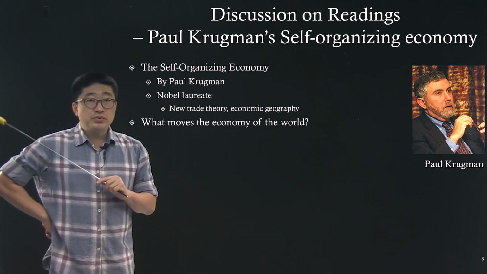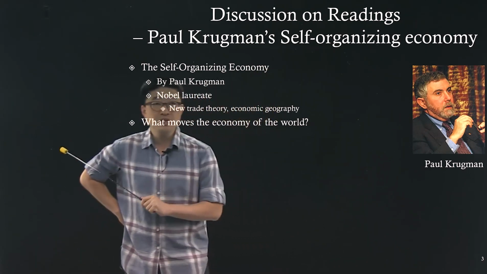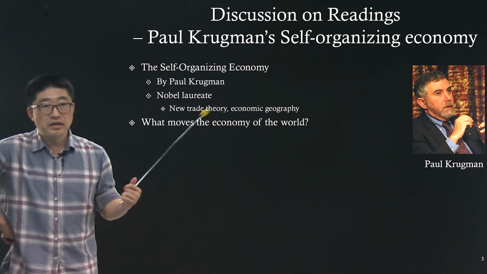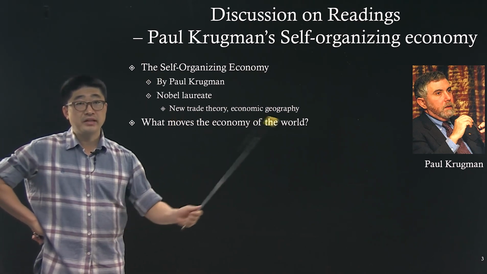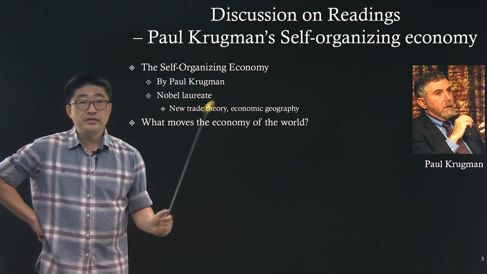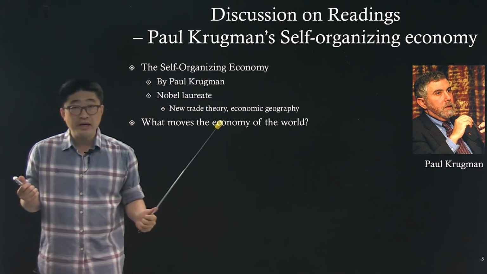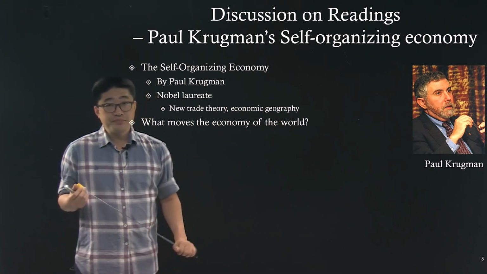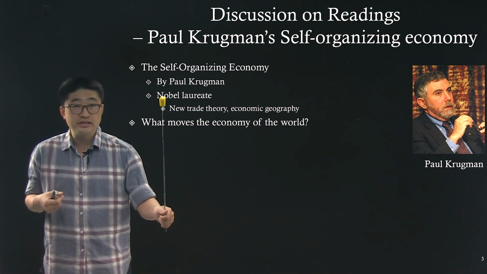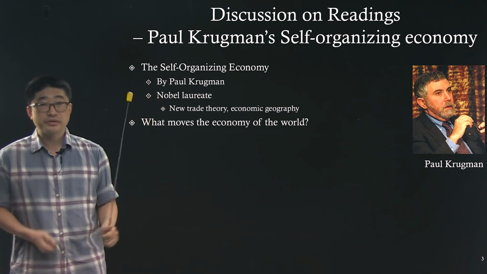In the first reading, Paul Krugman, who happens to be a Nobel laureate in economics, received his Nobel Prize for new trade theory and economic geography and so forth. It's not surprising that he utilized these new concepts of the agent-based model in his studies, particularly in economic geography.